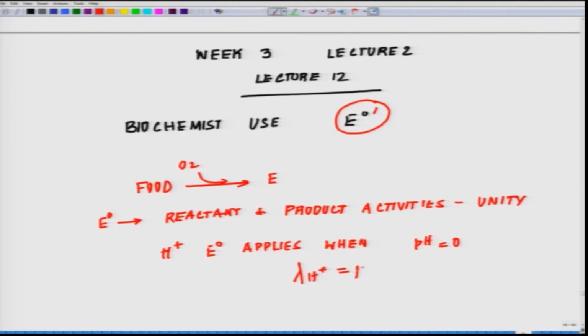So, whenever H plus appears in a redox reaction, or whenever reactants or products are acids or bases, reduction potentials are pH dependent. This is one catch which I wanted to bring to your notice. In the last example, when we talked about H plus concentration, realize that standard reduction potential calculations are based on the fact that pH is 0 and all the activities are unity, which is perfectly fine as long as we are dealing with such systems.